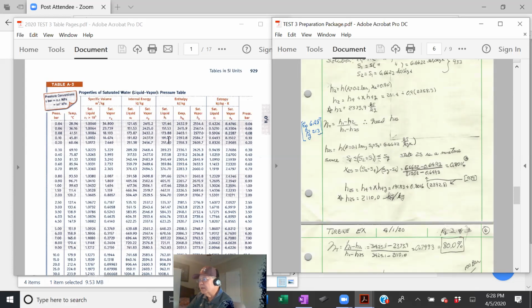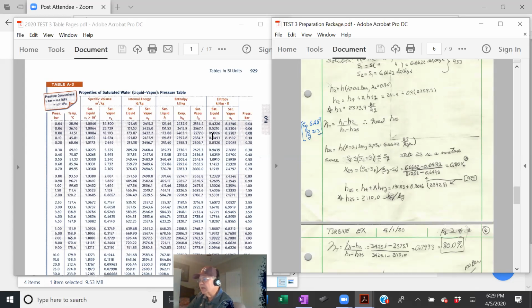Look at what the SF is, 0.6493, and SG is 8.1502. My actual entropy is 6.6622, so it is between those two.